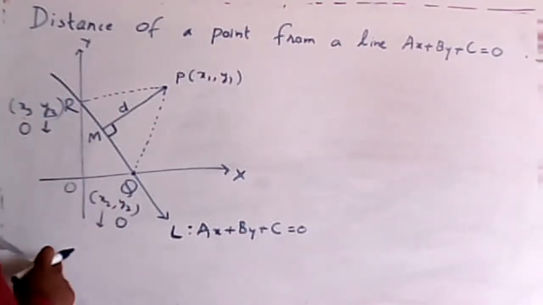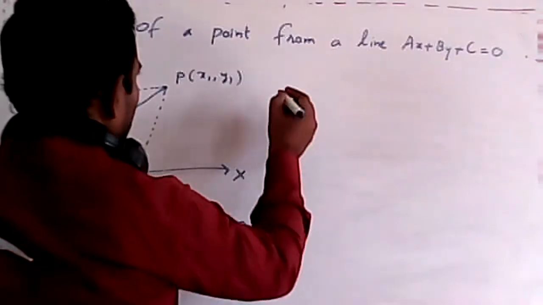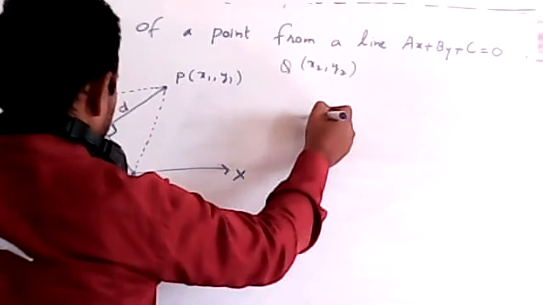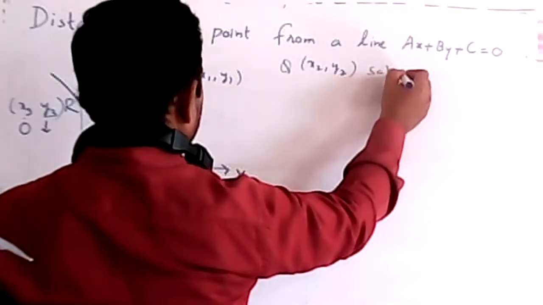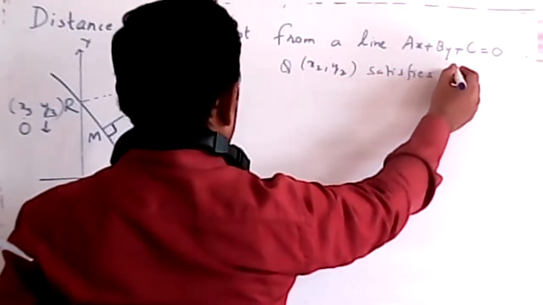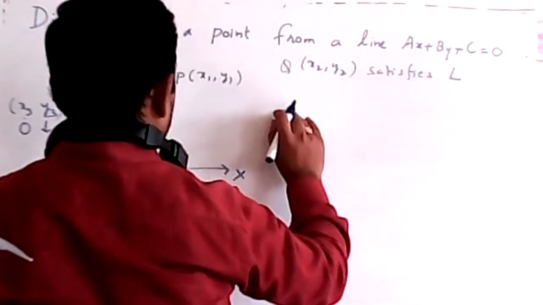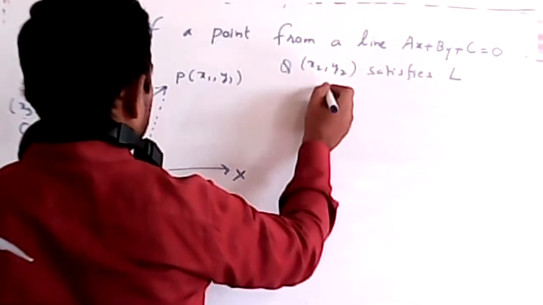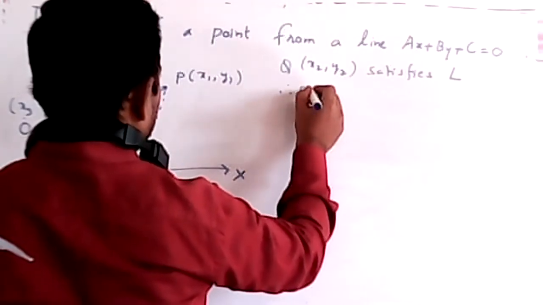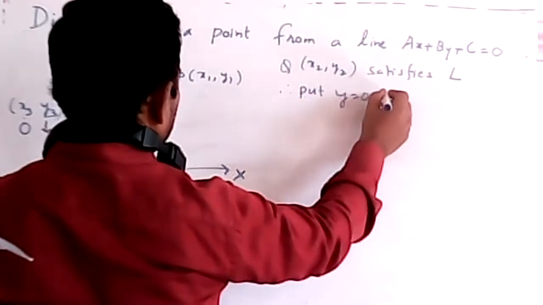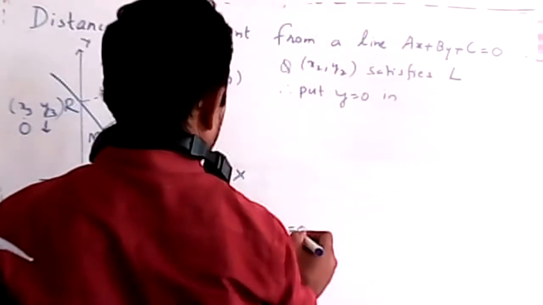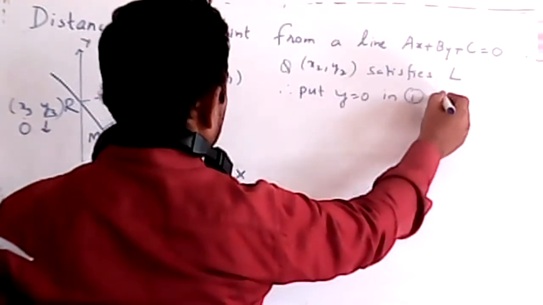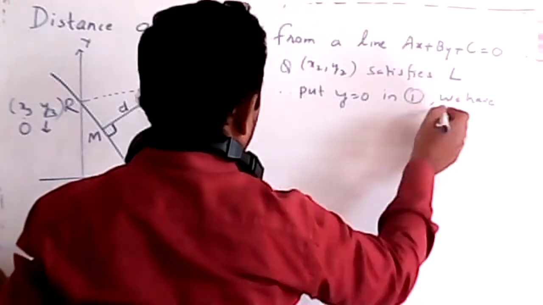So the first one, Q, that is (x2, y2), satisfies L. Here y is 0, so put y = 0 in this equation, let me call it equation 1.